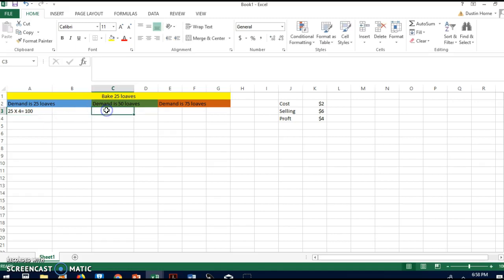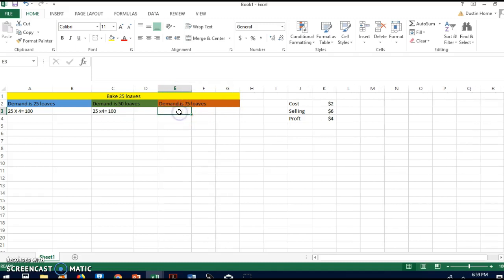Now, this one is pretty straightforward because if I bake 25 and I have a demand of 50, 50 people come in and say they want a loaf of the bread, I can only sell 25. So even if the demand is 50, I can only sell what I have. So I would still make $100. If 75 people came in to buy a loaf of bread, I could still only sell 25, and I would make $4 off of each.